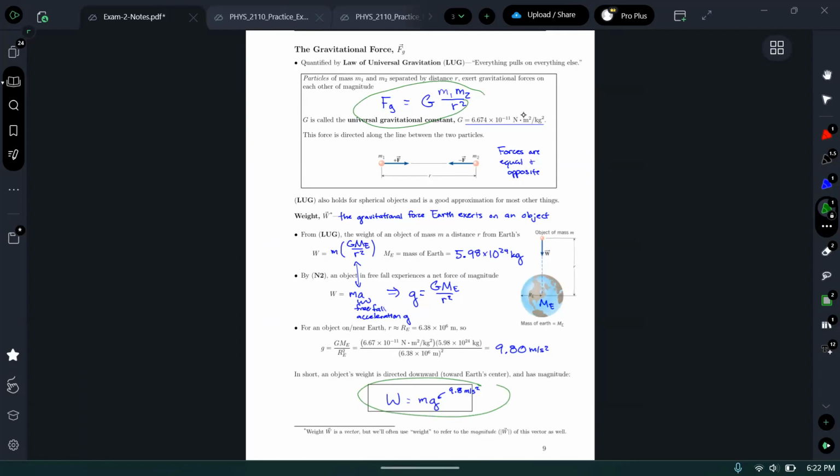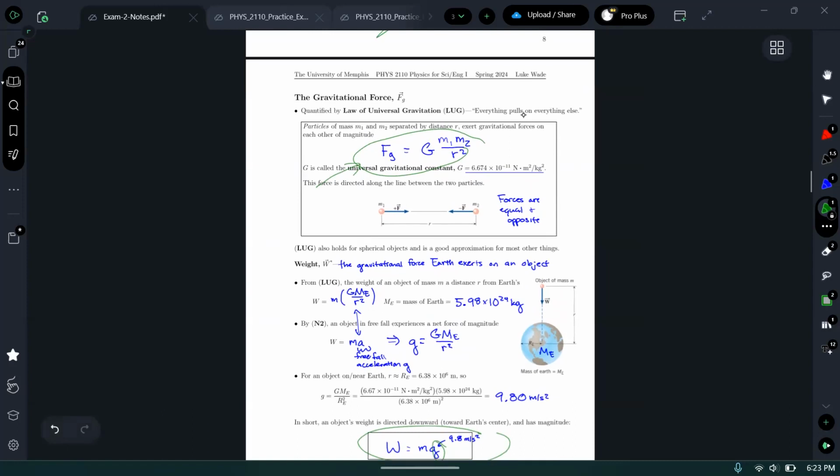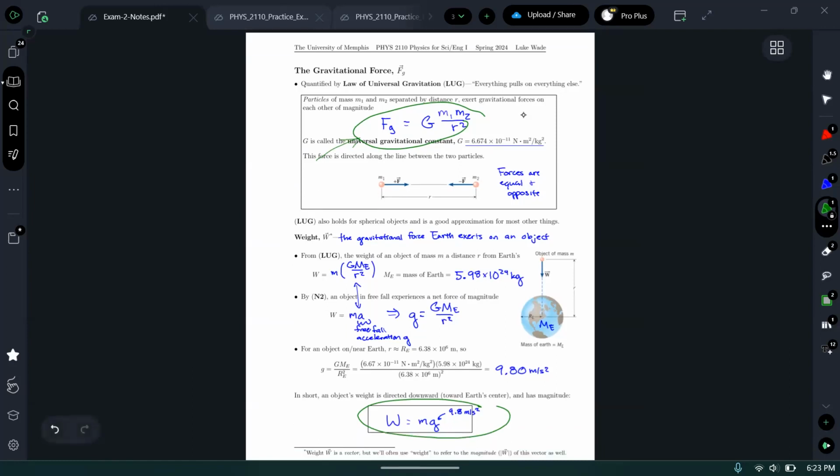So if I want to know the gravitational force between you and me, I would have to jump back to this, because I don't know what my little g is or what yours is. I only know what Earth's is off the top of my head. So when it's questions like that, it has to jump back to the full law of gravitation.